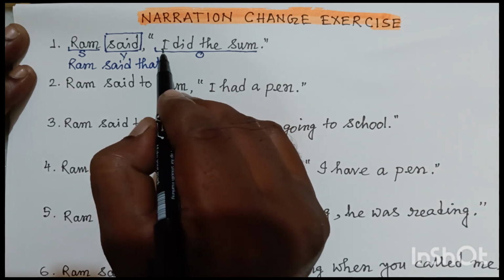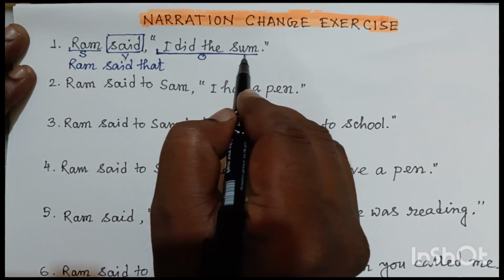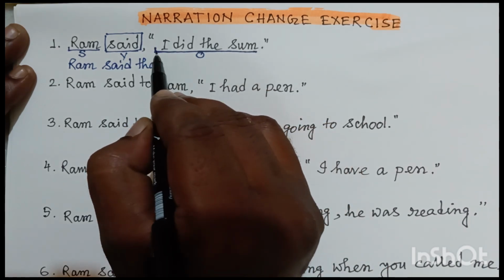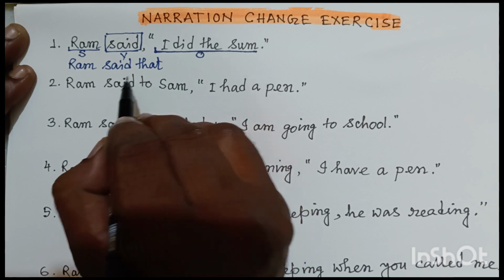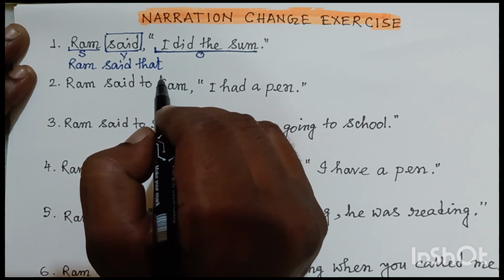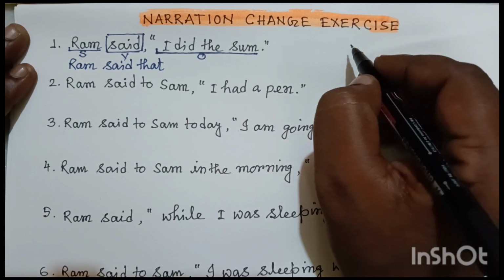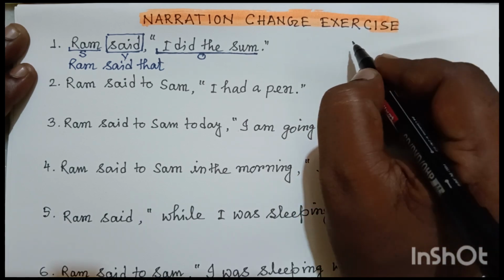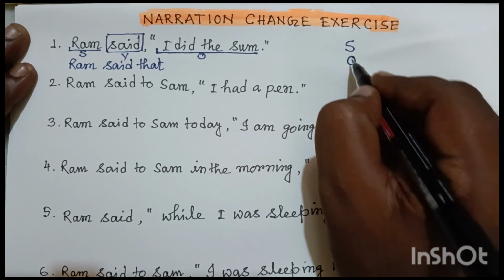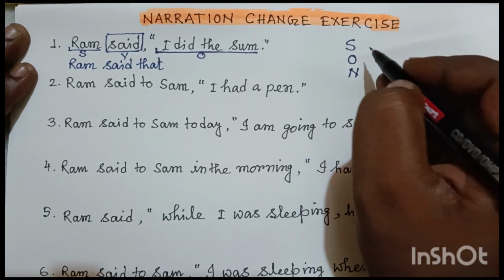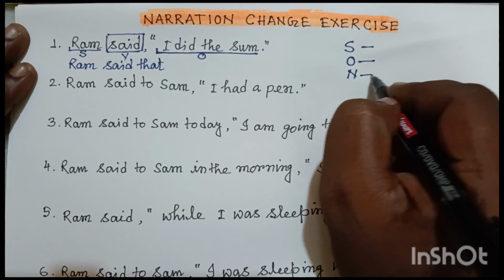Now, my dear friends, this is the reported speech, and the pronouns of the reported speech are changed in the indirect speech. Now you know the rule or the system. There is an acronym which is called SON. S for subject, O for object, and N for no change.